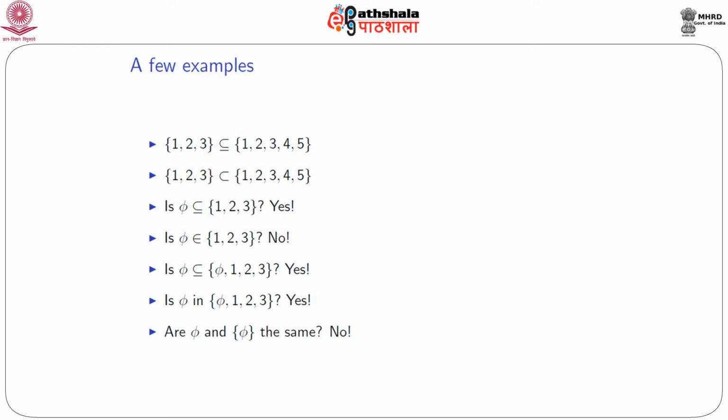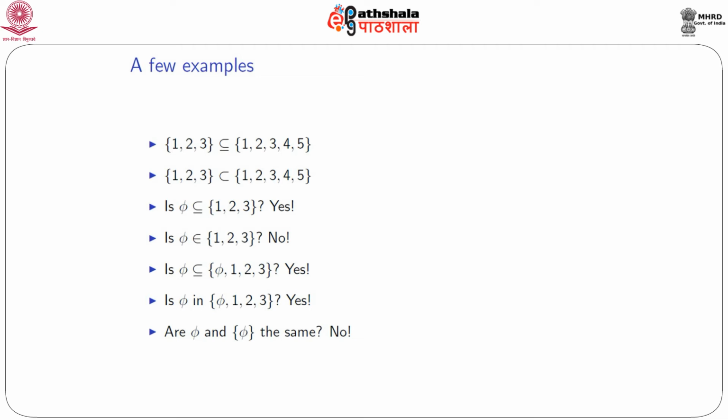If the question is asked whether phi is a subset of the set which contains phi, 1, 2 and 3, the answer is yes, because phi is a member there, and moreover the set on the right hand side consists of more elements, and the condition is satisfied.